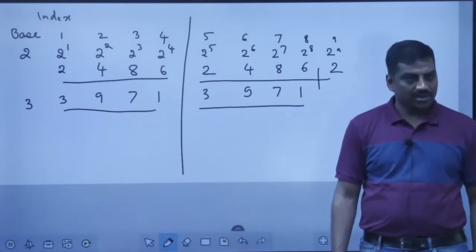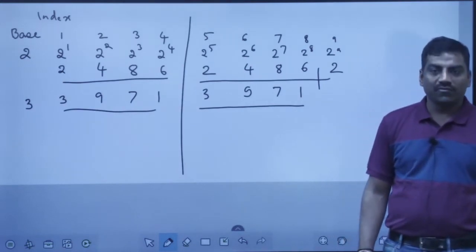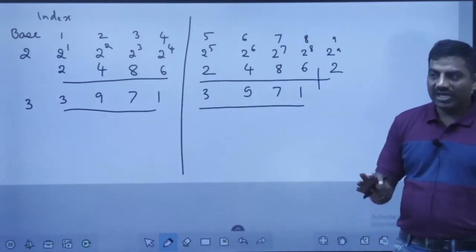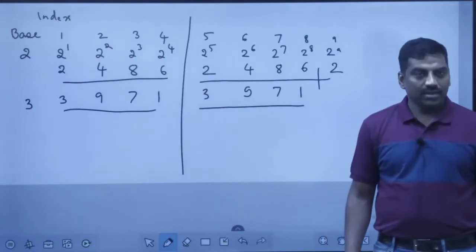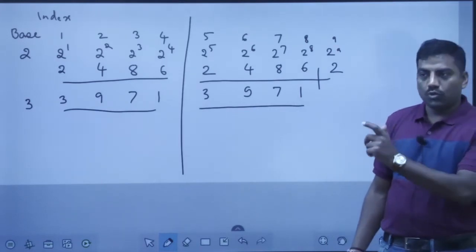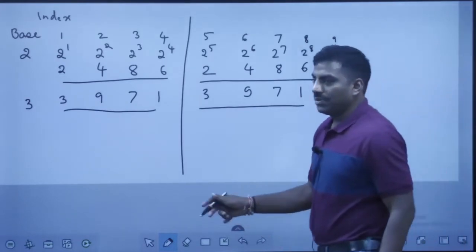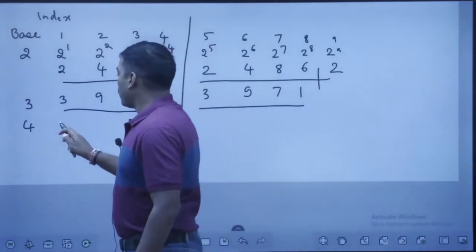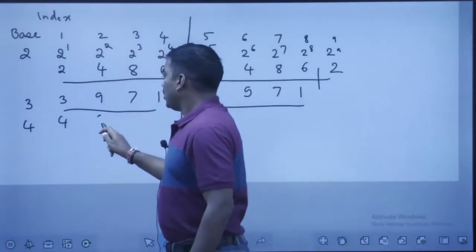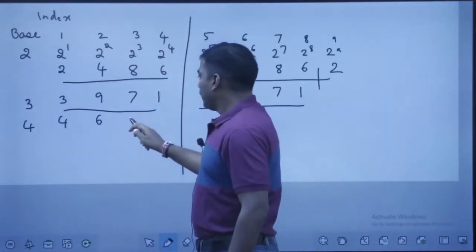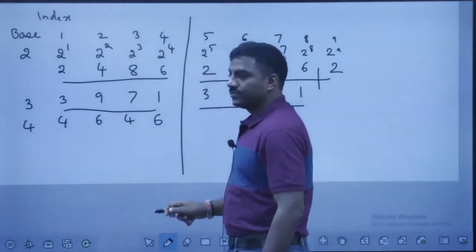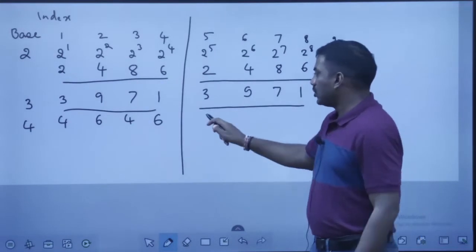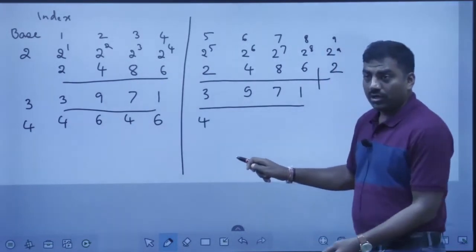Take any number for that matter. There are variations also. For numbers like 4 and 9, the repetition will happen after 2 powers only. For example, 4. 4 to the power of 1, 4. 4 to the power of 2, 16. 4 to the power of 3, 64. 4 to the power of 4, 256. 4 to the power of 5, 1024.